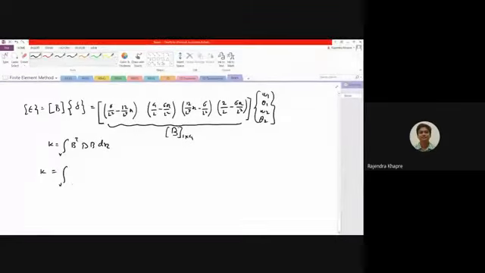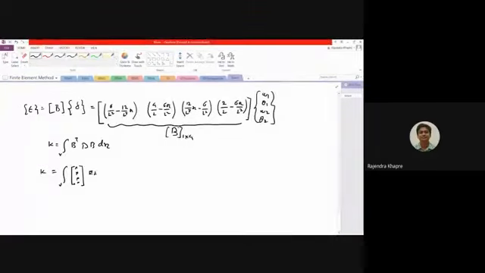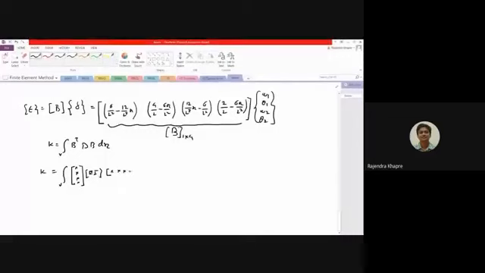Since this is transpose, all these values, 1 value, 2 value, 3 value, 4 value, will come like this. And the D term will now be replaced with a simple EI term, because your D matrix is the EI term, and your B value will be this entire expression.